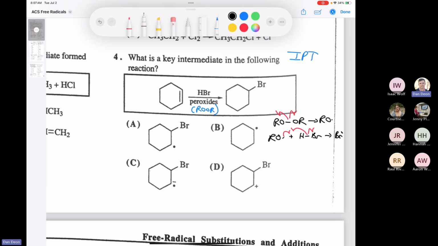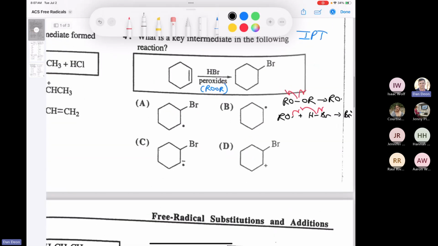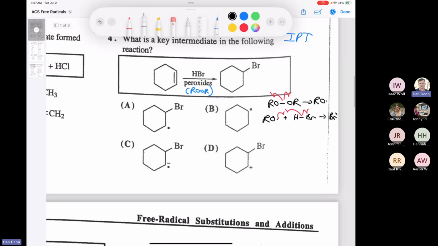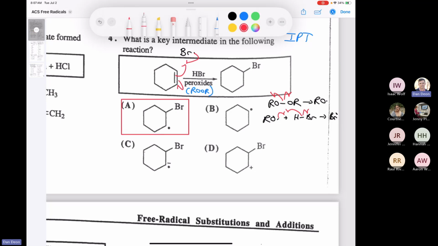I'm leaving part of it out. This is the key: you're making a bromine radical. And so the key intermediate is that the bromine radical is going to add to the double bond. You get addition on the double bond like this, which would give you this intermediate. This is the key intermediate.